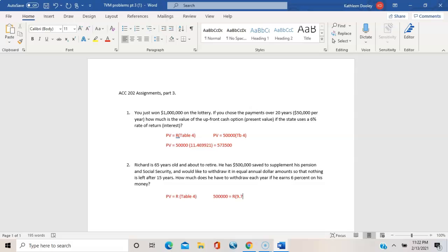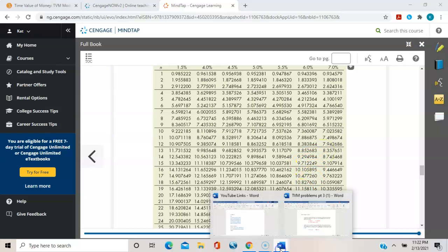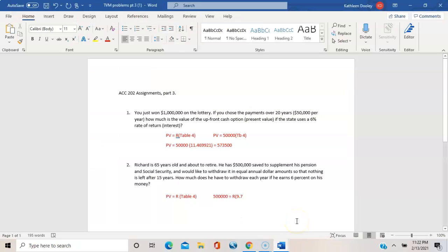9.7122. Okay, so now we need to divide each side by the 9.7122 so that we can get the R by itself.